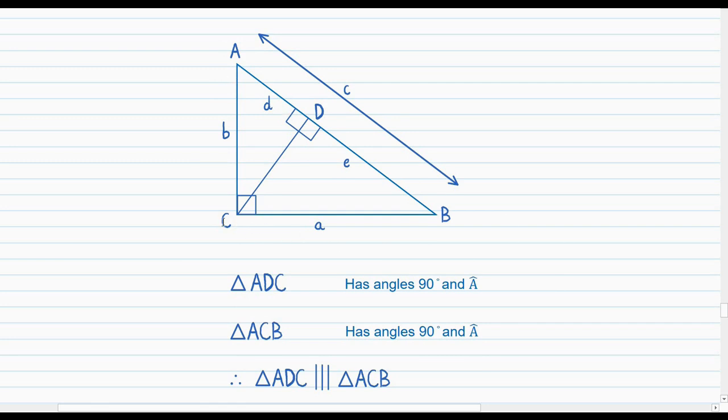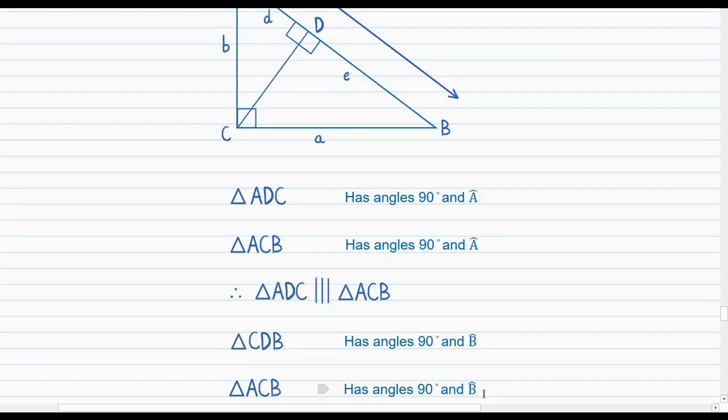In a similar manner, triangle CDB and triangle ACB both have a right angle, this one and this one. So that's one angle in common, and then this angle of B is also common to both these triangles.